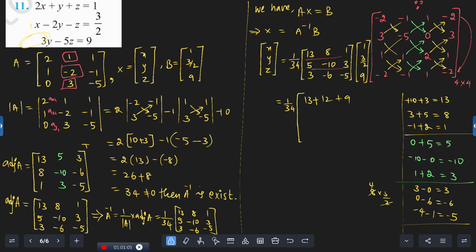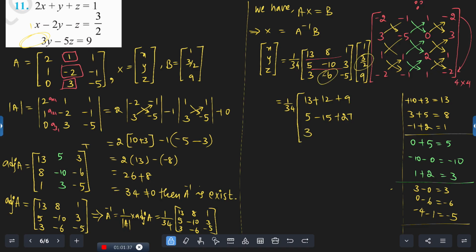Now take the second row and multiply. 5 ones are 5. Minus 10 into 3 by 2: 1 time 5 times, so minus 5 into 3, minus 15 we are getting. The next number, 3 nines are 27. Now the third row: 3 ones are 3.